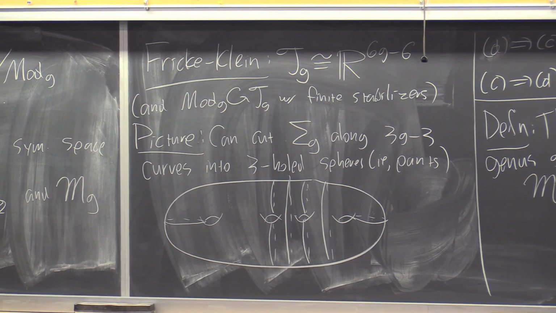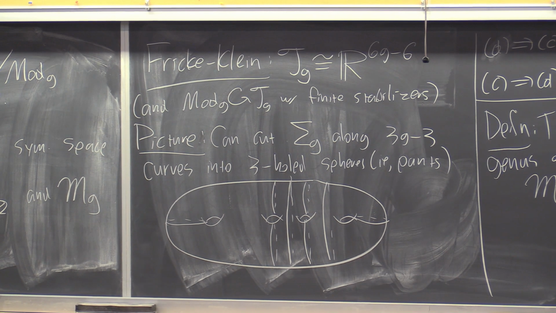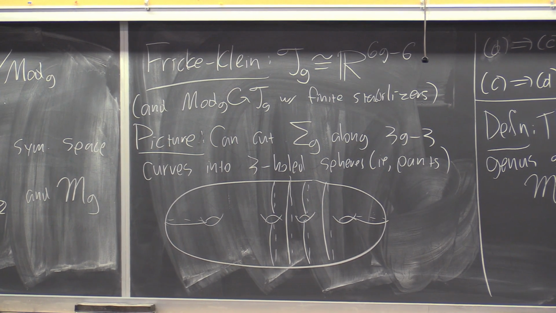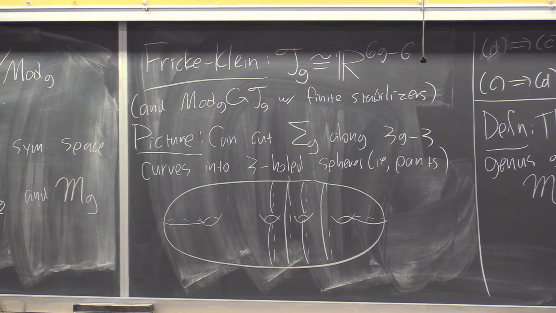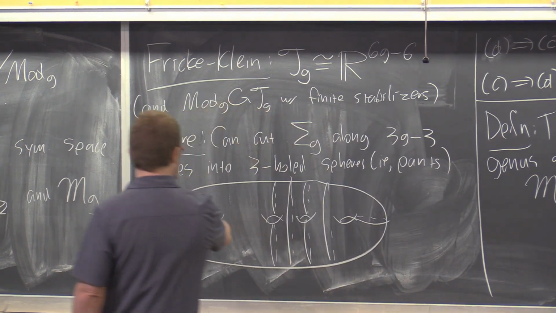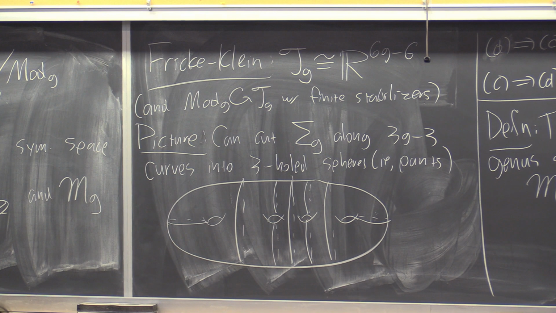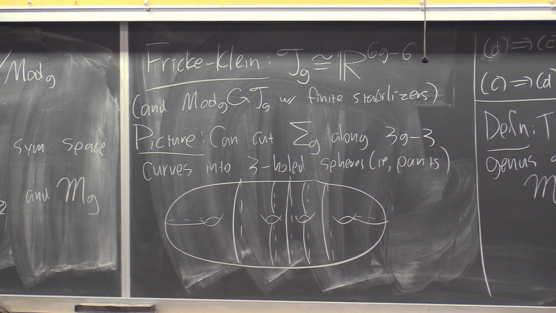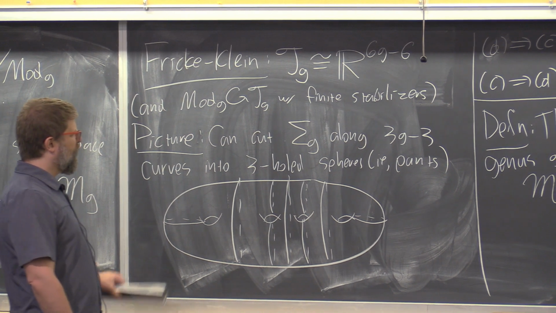If you count, there's 3 times 4, 12, minus 9 curves, so every time you need to add 3 more curves to make this work. Oh yeah, you're right. There you go. Now I have enough curves. I have to make a mistake every so often to make sure that people pay attention. So okay, we do this now.